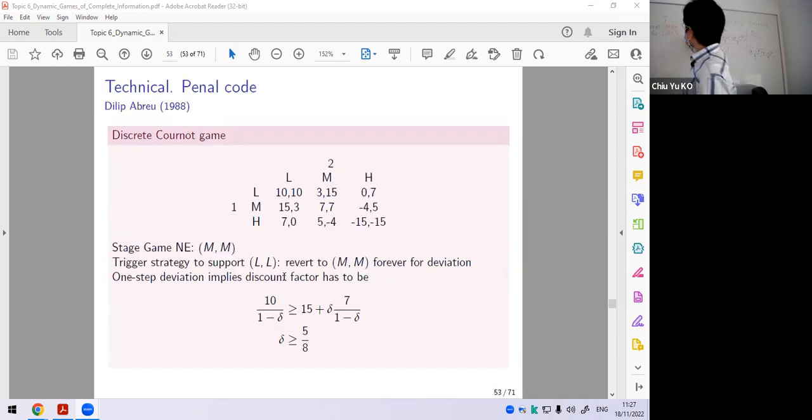Given the other guy chooses L, the maximum is 15.